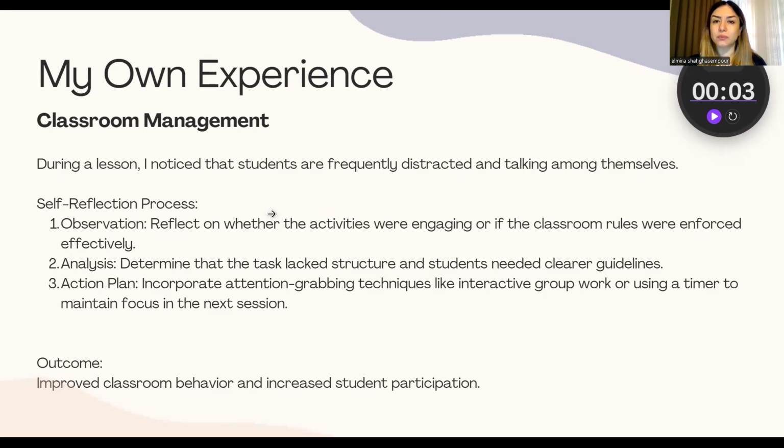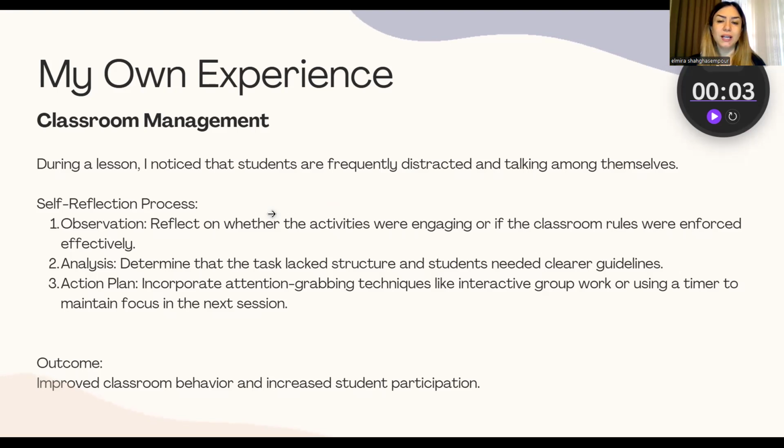This was something that we learned a lot in our bachelor education. So, one of the memories that I have was during a lesson, I noticed that the students were frequently distracted and talking among themselves.